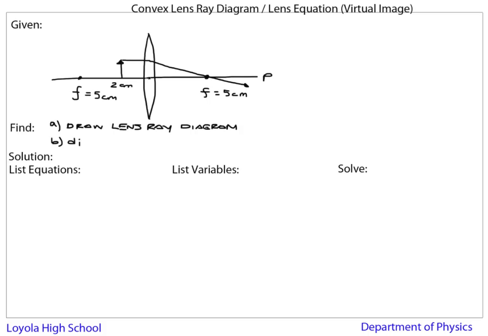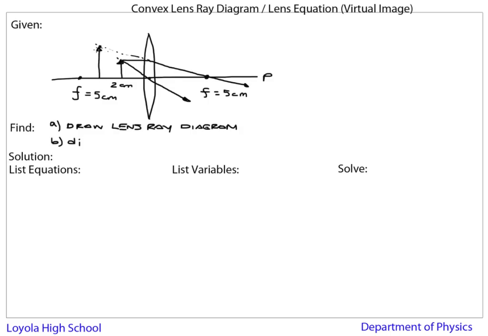And then a second ray we're going to draw is right to the center of the lens, right on the principal axis, right through here. And as you can probably tell, these two lines are going to diverge, so they're not going to meet. So if you were standing on the side, you would see these rays, but if I trace them backwards, your brain would interpret them as coming from a point over here, right there.